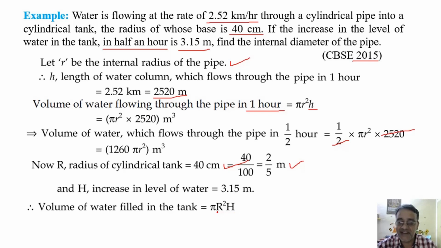We will keep pi as it is and substitute R and h. That is 2 by 5 into 2 by 5 into 315 by 100. So we can cancel this one. We'll get 63. Okay, and you can cancel these two also. 4 by 25. So 63 upon 125 pi.